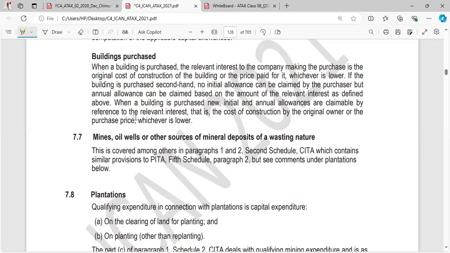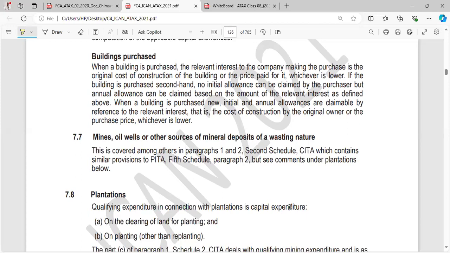If the building is purchased second-hand, no initial allowance can be claimed by the purchaser, but annual allowance can be claimed based on the amount of the relevant interest as defined above. When a building is purchased new, initial allowance and annual allowances are claimable by reference to the relevant interest.